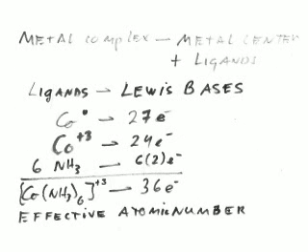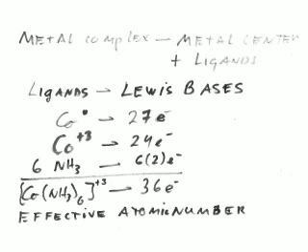So what do we see happening in our metal complexes, or generally coordination compounds? Well, we have a metal center, and around it surrounded its ligands. The ligands, of course, are acting as Lewis bases. That is, they're donating a lone pair of electrons to form a coordinate covalent bond.